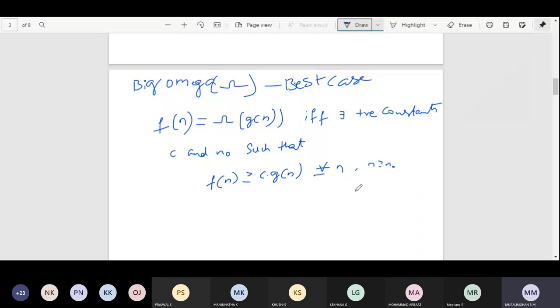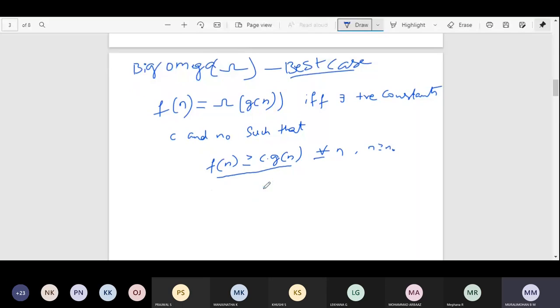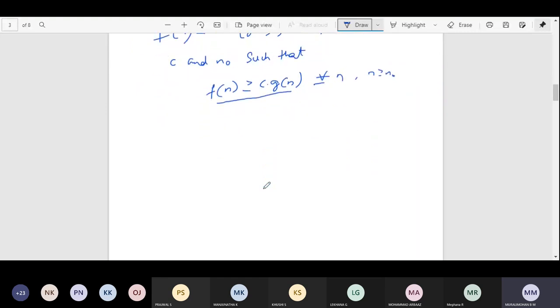You just see here, in case of best case, f of n is greater than or equal to c into g of n. Now how to draw a graph for this one?